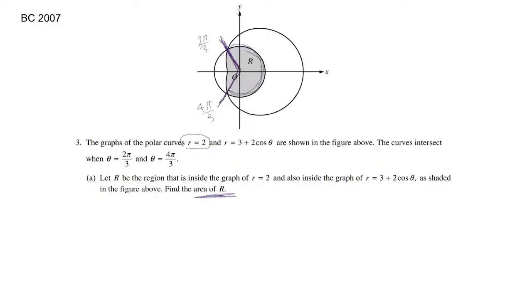So again, if we knew how much of that circle's area we had, well then we just about got the question answered. So the area of a circle, pi r squared, so we know the area of the complete circle would be 4 pi, but we also know that we don't have all the parts of the circle.